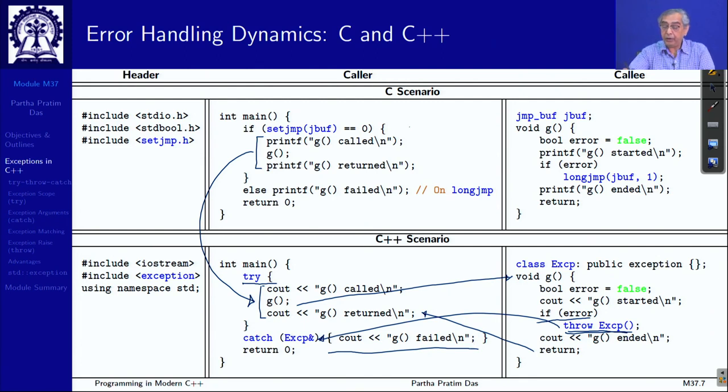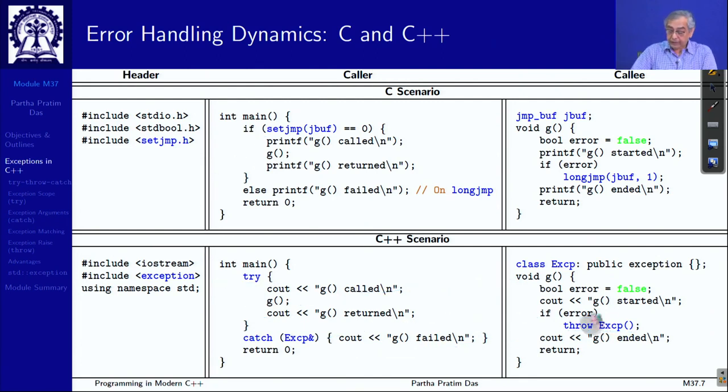Now, throw has to throw an exception object. This exception object is one where the callee can put enough information for the caller to proceed. So, you will typically have a class defined for this with the appropriate behavior that you need, and you construct.